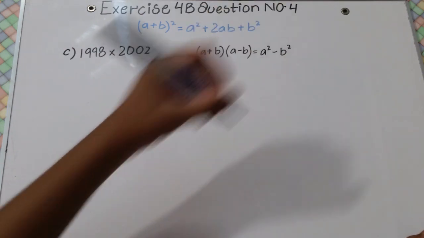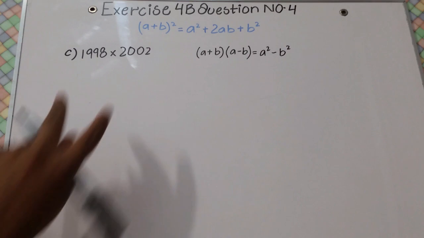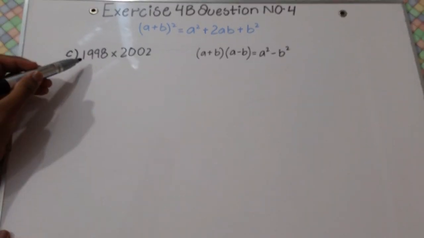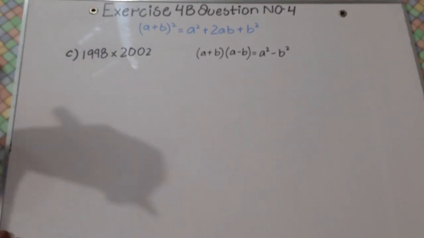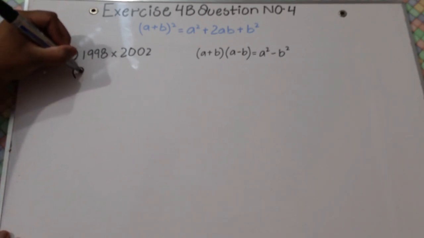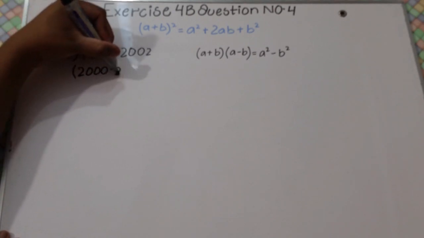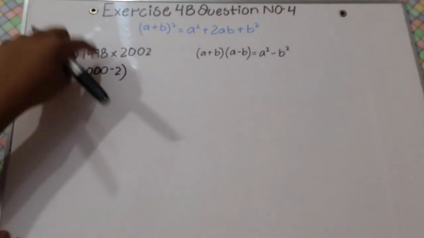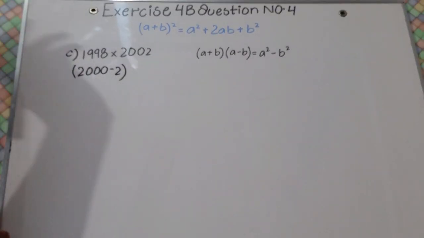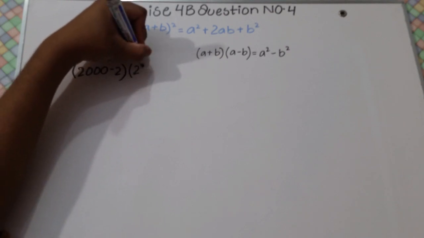First of all I'm going to make both the numbers in brackets. So 998, because now I cannot add, I'm going to just subtract 2 from 1000, and in 2000 add 2.